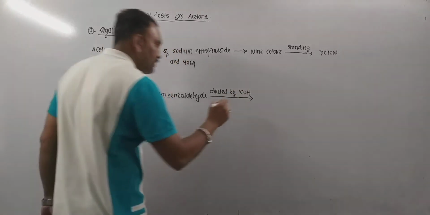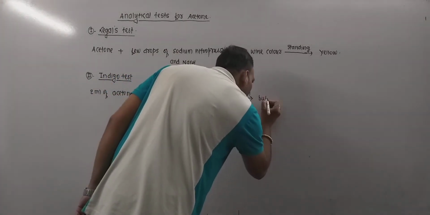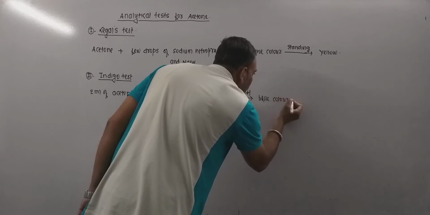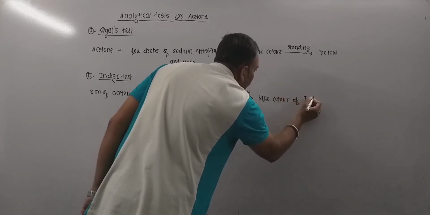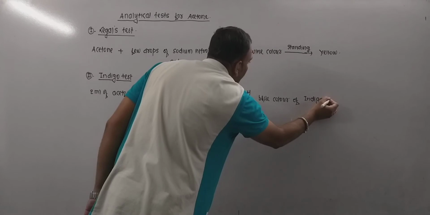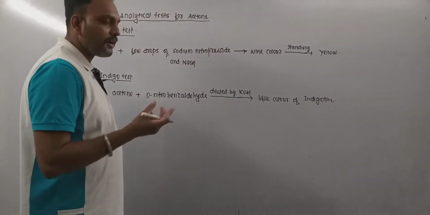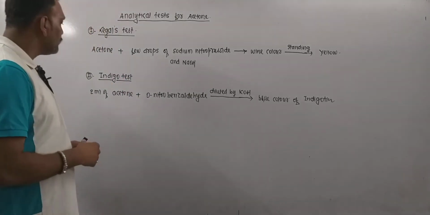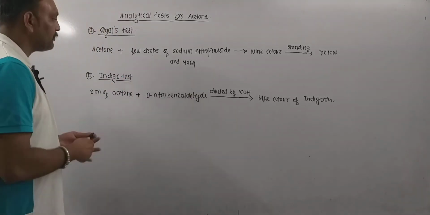On doing this, we get the blue color of indigotine, and if the blue color of indigotine forms, that confirms the sample is of acetone.